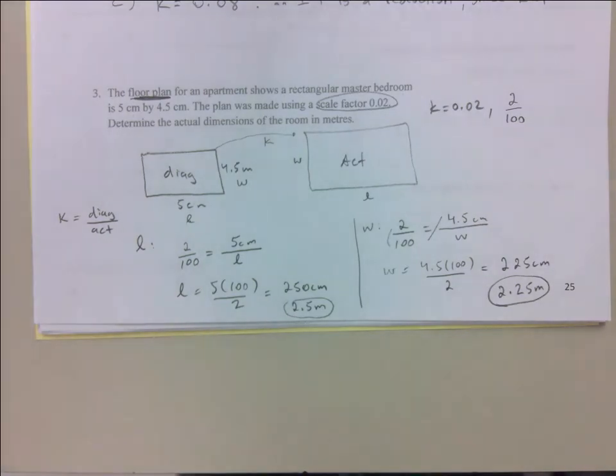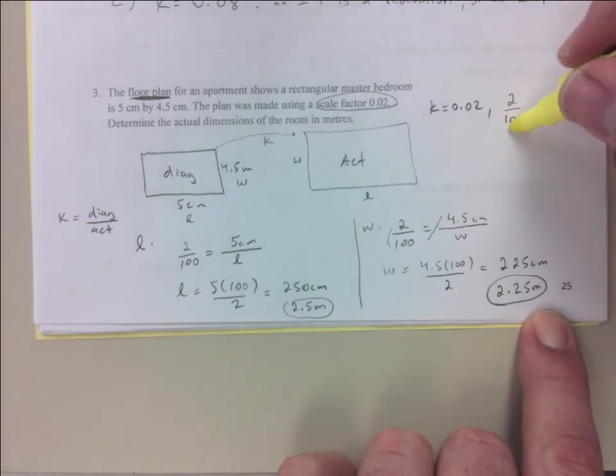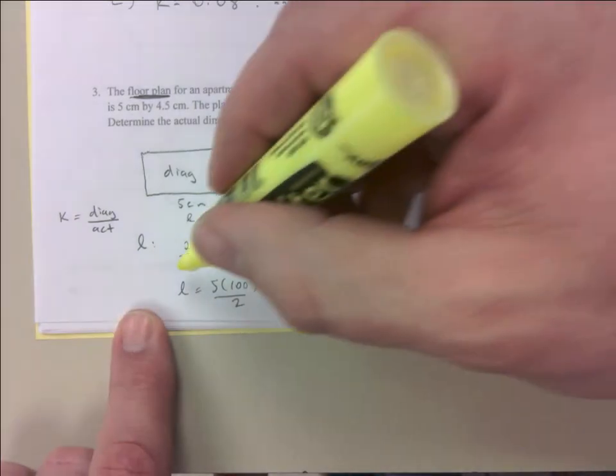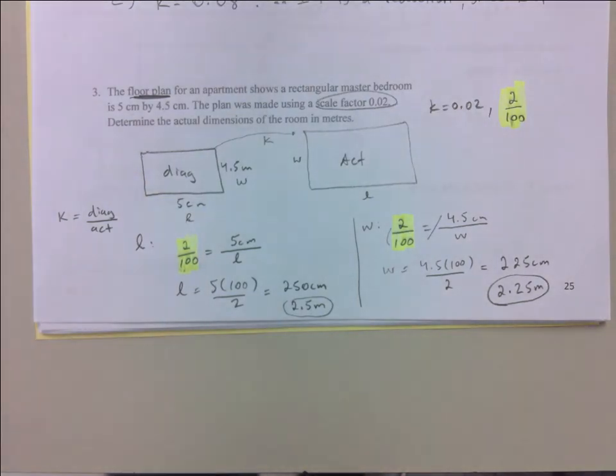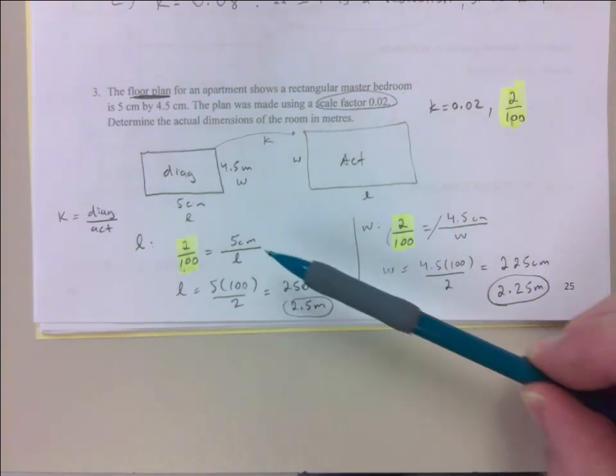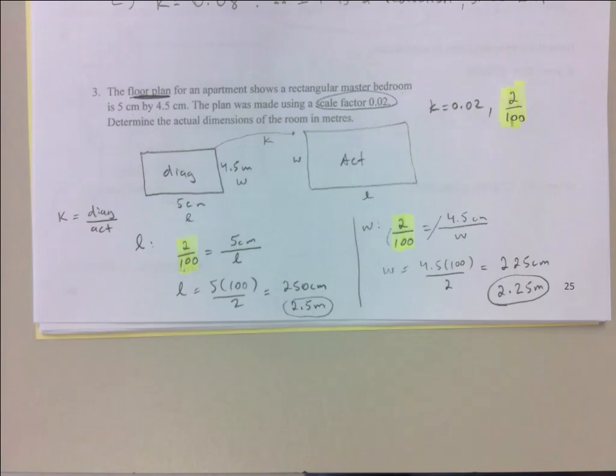And it all started, I will highlight that again, with the scale factor and the fact that they gave us one of the numbers on the right side of that equation. I need you to understand this though.